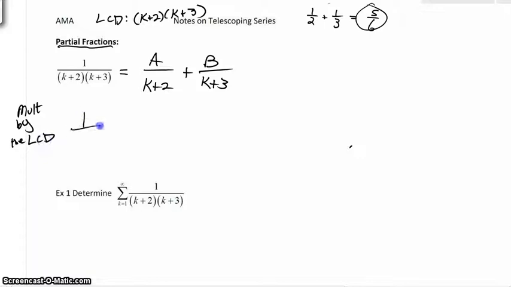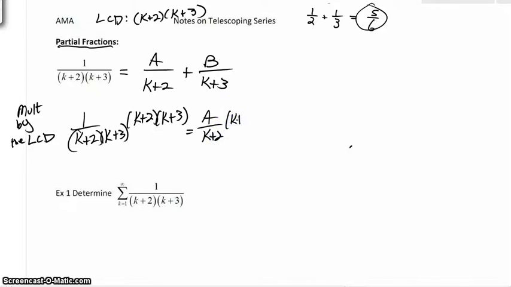And what's going to happen? Well, here you've got 1 over (k plus 2)(k plus 3), and you'd get (k plus 2)(k plus 3) multiplied over here. Here you have a over k plus 2. Here you'd multiply by (k plus 2)(k plus 3). By the way, you're going to get so good at this you won't have to show all these steps.